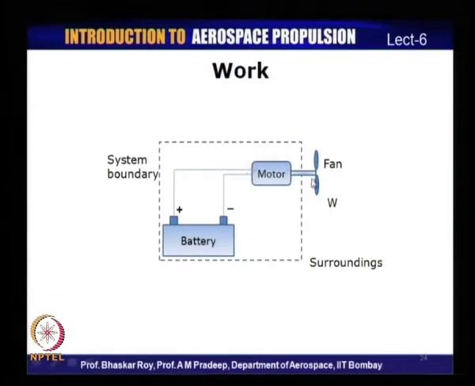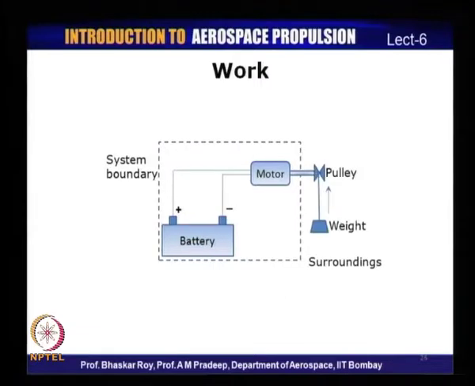We have an electric motor which is driving a fan, and does the system do any work on the surroundings? Well, the motor is driven by a battery which supplies the required power for the motor, and it is driving a fan. So, if we were to consider that this system is doing work on the surroundings, as per the thermodynamic definition, this should reduce to this.